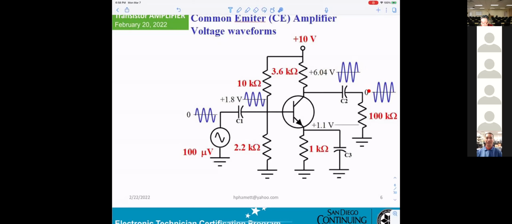Now you get 0. The capacitor blocks 6.04. Then you can get the output. And if you measure at this point here, you get DC. However, no more AC. It's shorted to the ground. That's very clear for a complete signal shown on the common emitter amplifier. Okay, any question, anything?